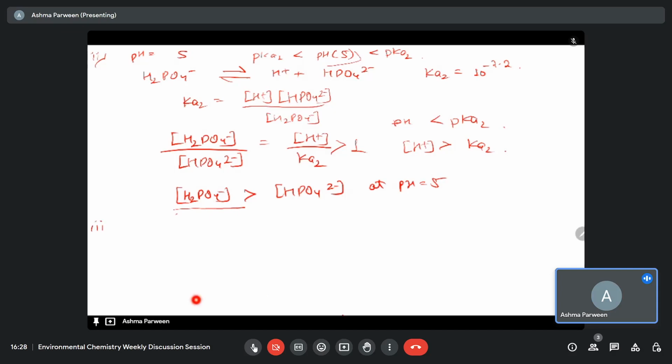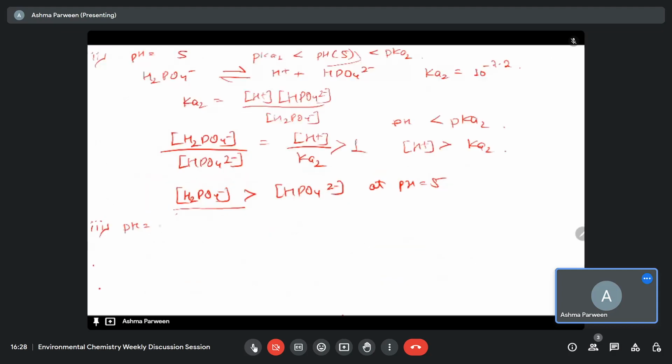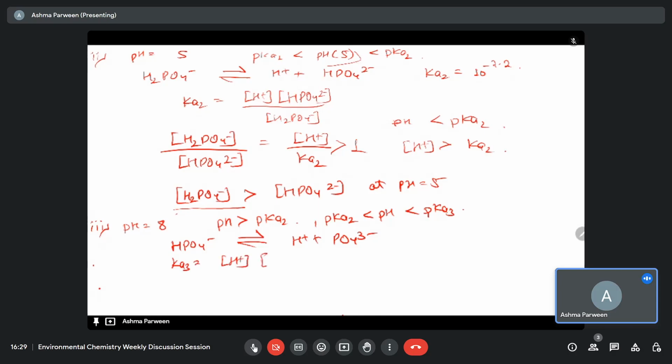So let's see what is the third pH given. We have to find out at pH 8 and pH 11. So pH 8 is greater than pKa2, but it is less than pKa3. Similarly, we can write that HPO4 2 minus will dissociate into H plus and PO4 3 minus, and we can write that Ka3 will be H plus times PO4 3 minus upon HPO4 2 minus.